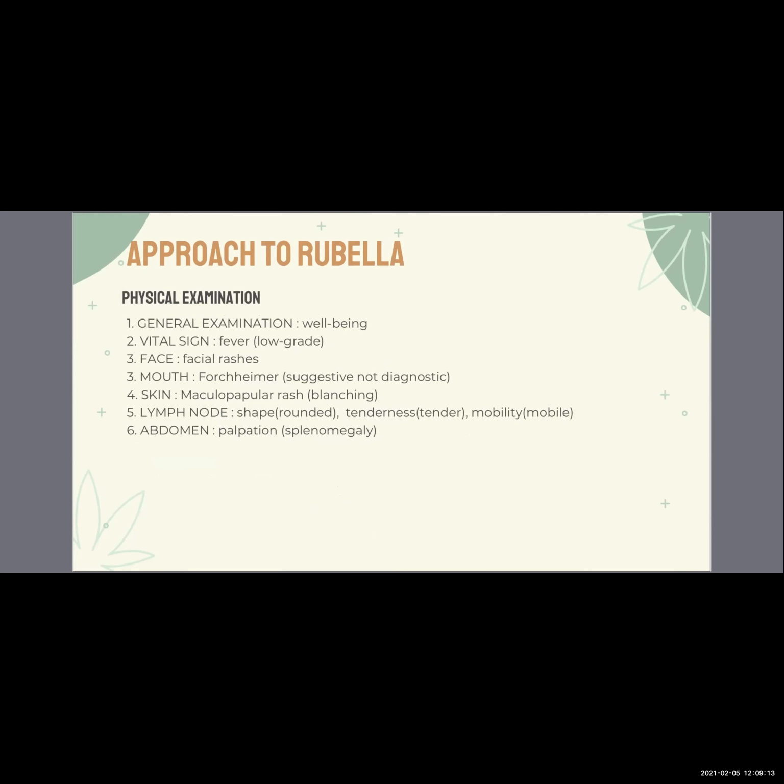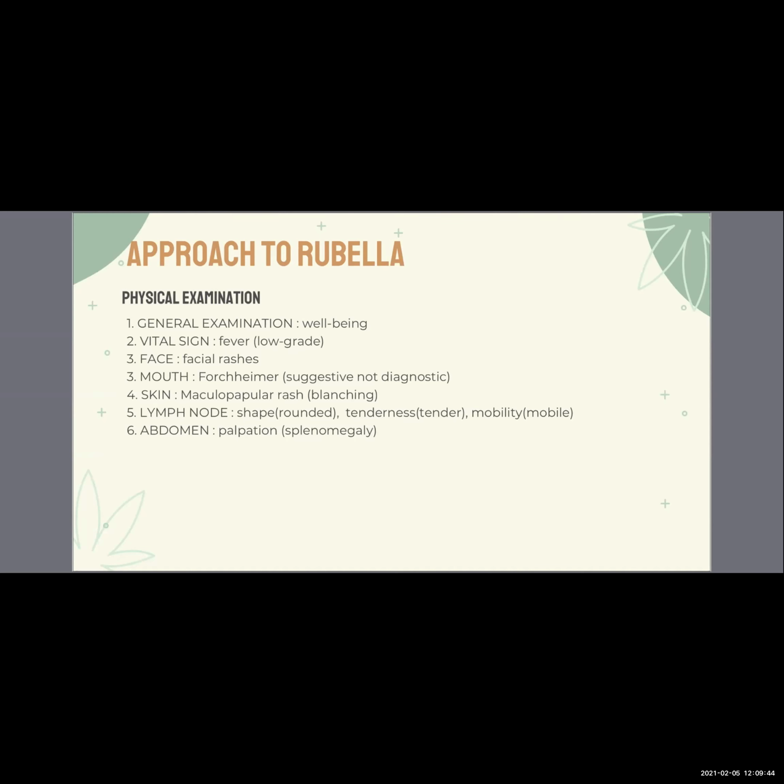During physical examination, in general examination, usually the patient will appear well. In vital signs, the patient will have low-grade fever or no fever at all, and we check for facial rashes.